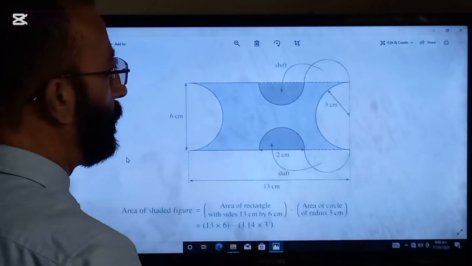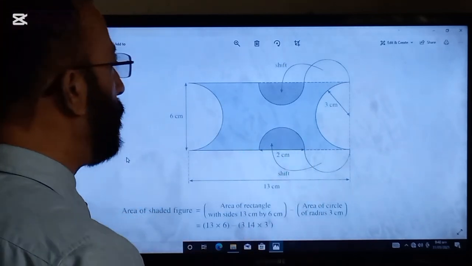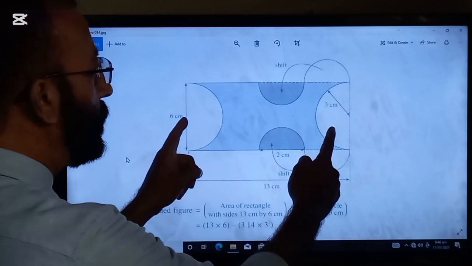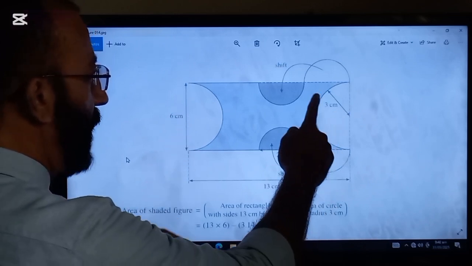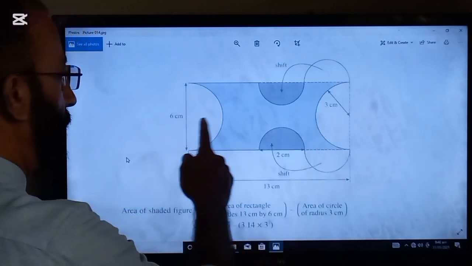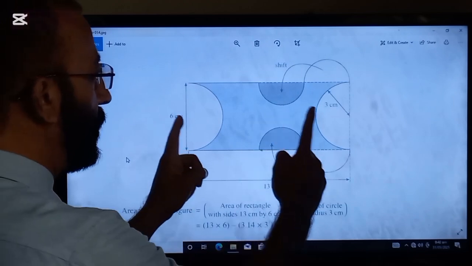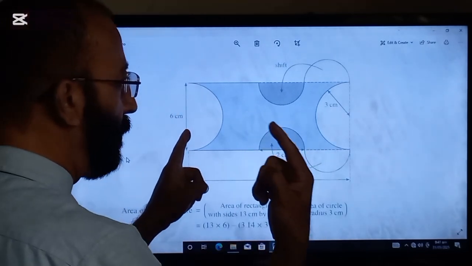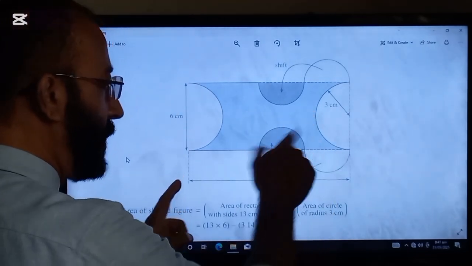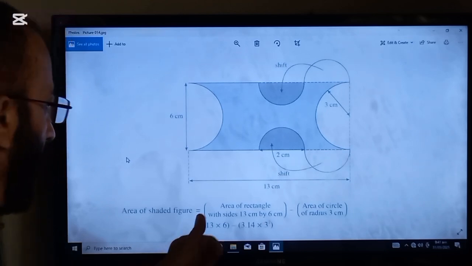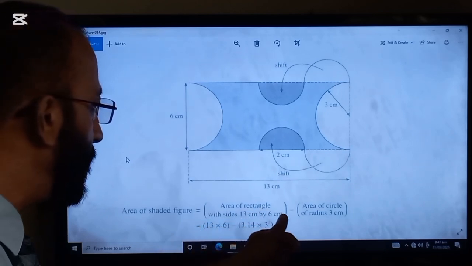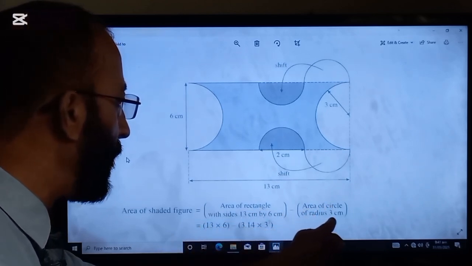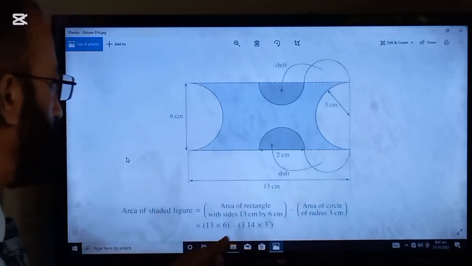Okay, further if you look, these are two similar semicircles which are having the radius 3. So in total these two semicircles will make one complete circle of radius 3. So if from the area of the rectangle we subtract the area of the circle of radius 3, we will get the answer.